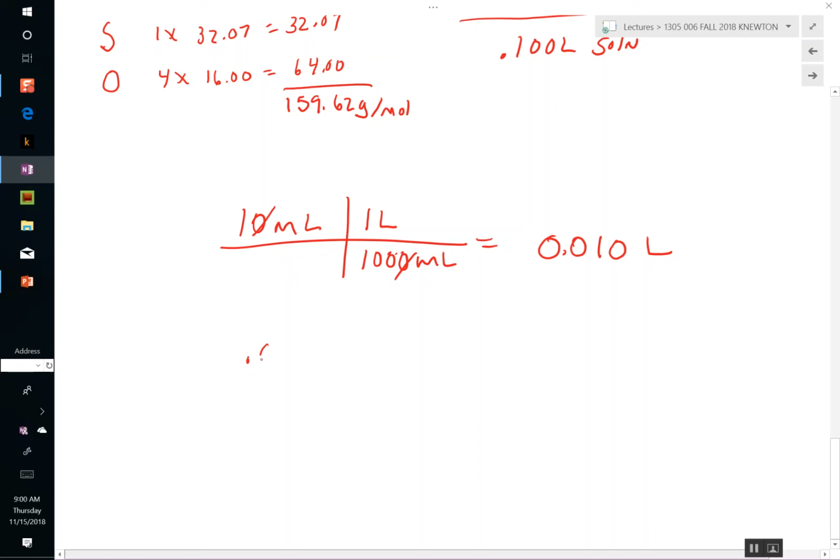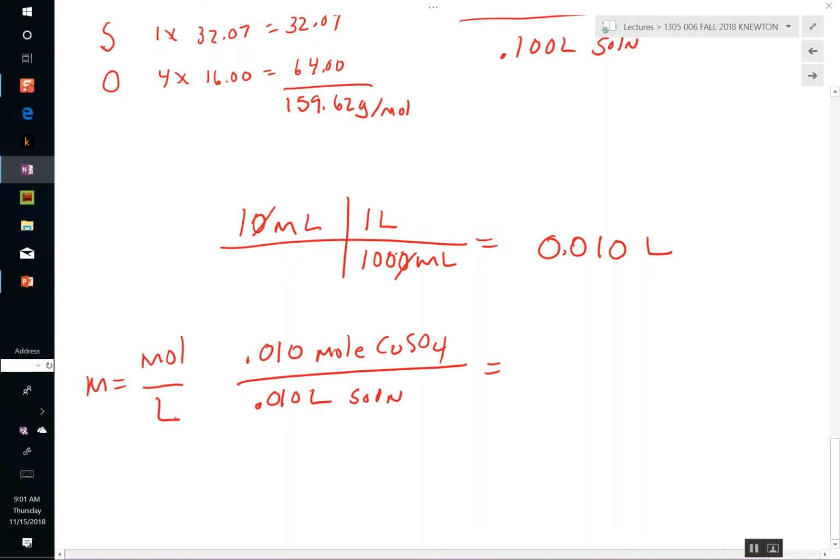So I would only need 100th of a mole of copper sulfate per 100th of a liter of solution. Remember, on all these problems I have you solve, I say go to the equation. Molarity is moles per liter. So if I had a 100th of a mole of copper sulfate in 100th of a liter solution, it would be 1 molar copper sulfate.